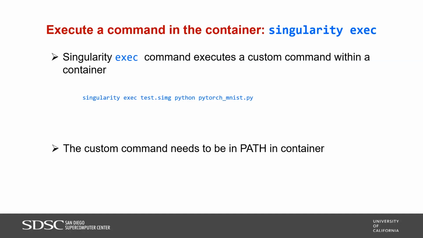So in this example, I just want to use the Python inside the Singularity container to run my Python script. Of course, those custom commands need to be in the path inside the container, which can be set in the environment section in the recipe, or it might have been pre-built inside the container.